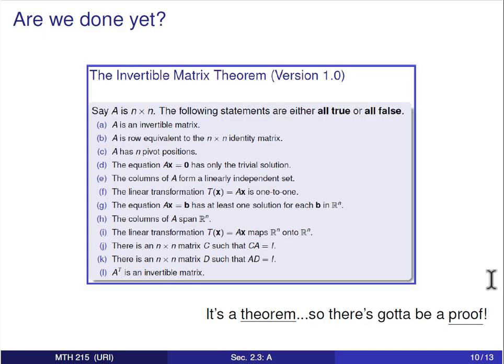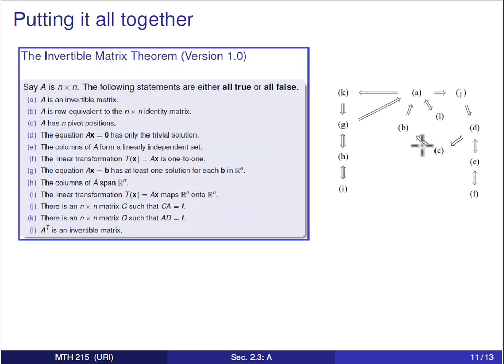Okay, so you might ask, are we done yet? Have we proved that these 12 statements are either all true or all false? As you take a look at it, we need to summarize what we've done so far. We started off by showing that A, K, and G implied each other in this way.